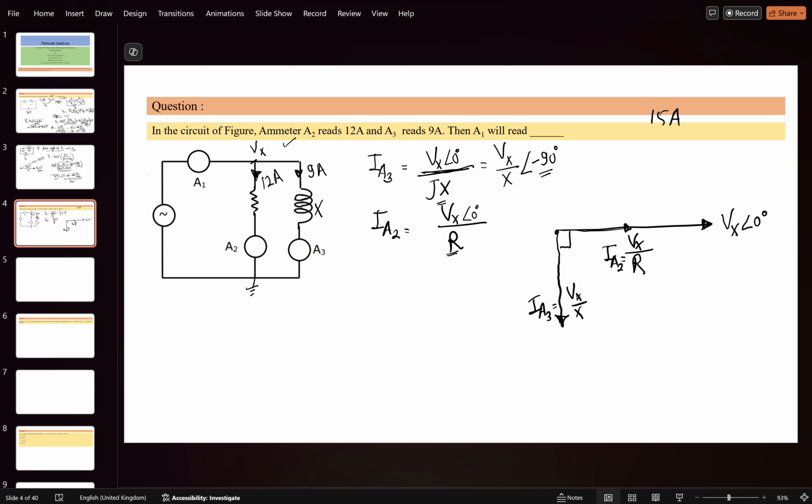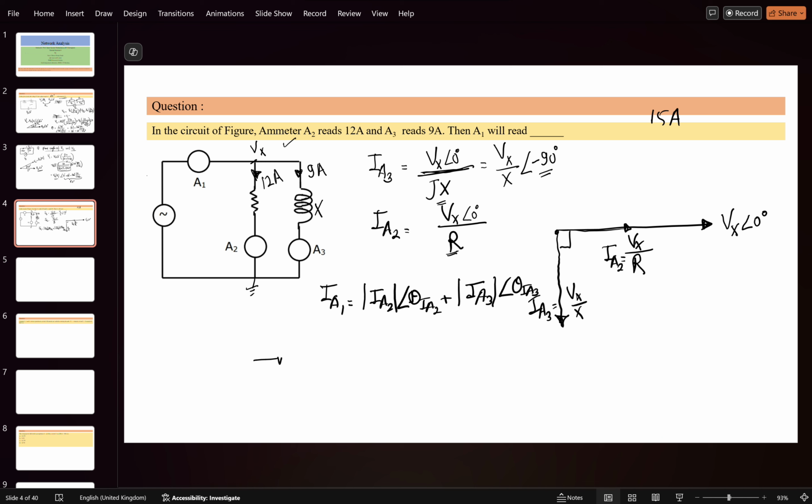What about IA1? IA1 is actually the phasor sum of the magnitude of IA2 at angle theta of IA2, plus IA3 at angle theta of IA3. It means that it is not just lying on the same plane.